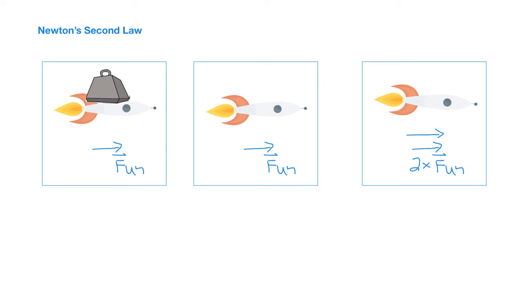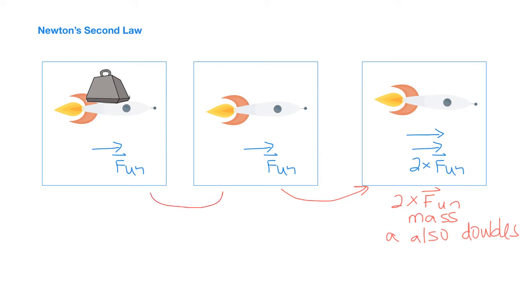So if we double the force, the unbalanced force, but keep the same mass, what happens to A is that it also doubles. So A is proportional to the unbalanced force.